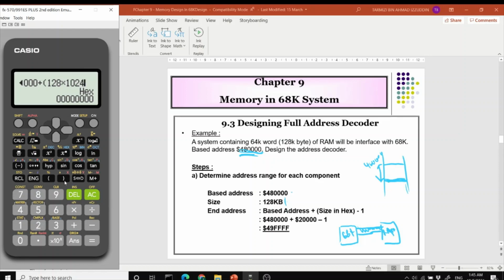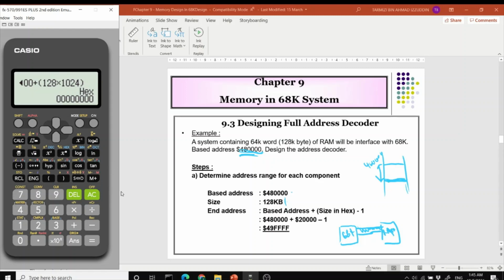One kilobyte is 1024 bytes. So remember, we are multiplying 128 by 1 kilobyte, so you have to multiply it with 1024.